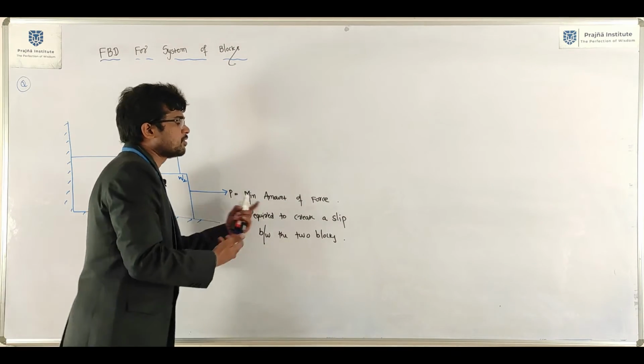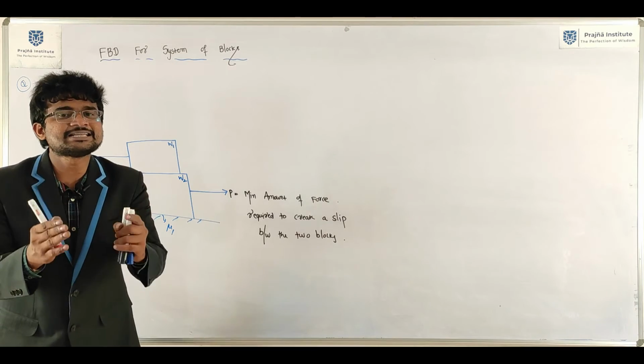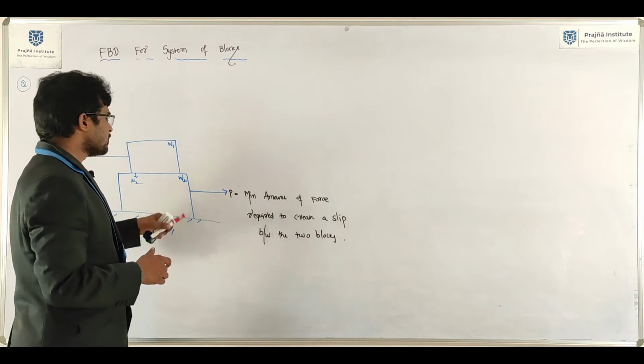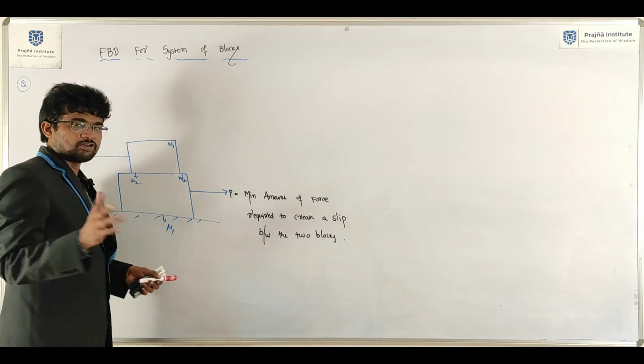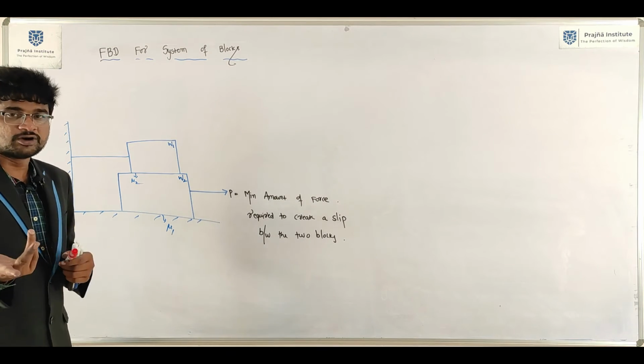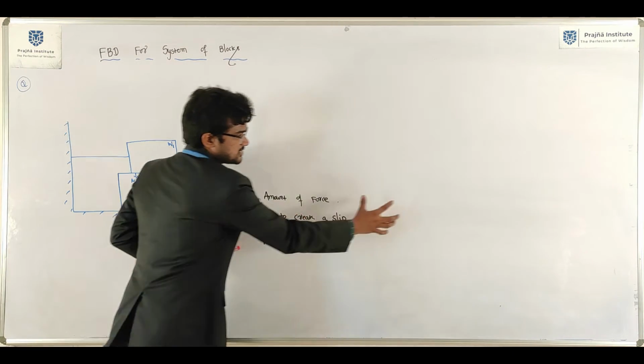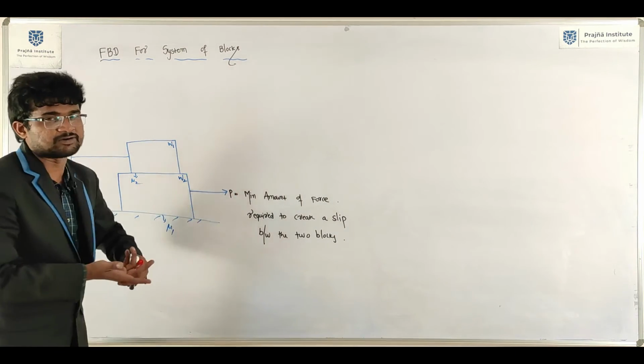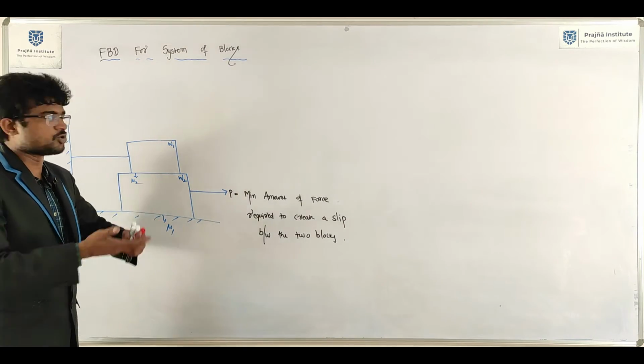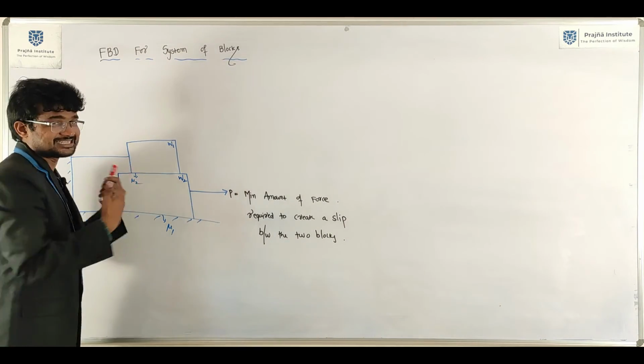So what is the minimum amount of force required to create a slip between the two blocks? If you apply more force, this block will be in acceleration mode, and after time t seconds it will go somewhere, with no contact between the two blocks. There is no meaning in drawing a free body diagram for the system.